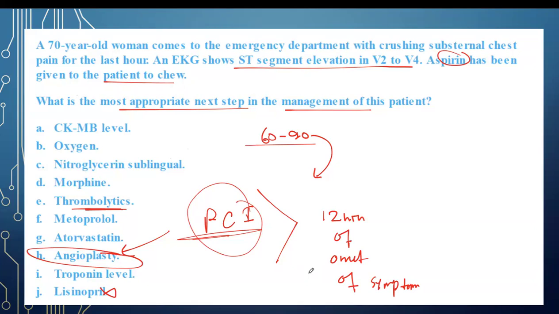Okay? And if you have a catheter lab, if you have the opportunity to do the angioplasty, then you do the angioplasty. But if your hospital doesn't have a catheter lab, or you can't do the angioplasty within 90 minutes, better not to delay, just go for the thrombolytics.